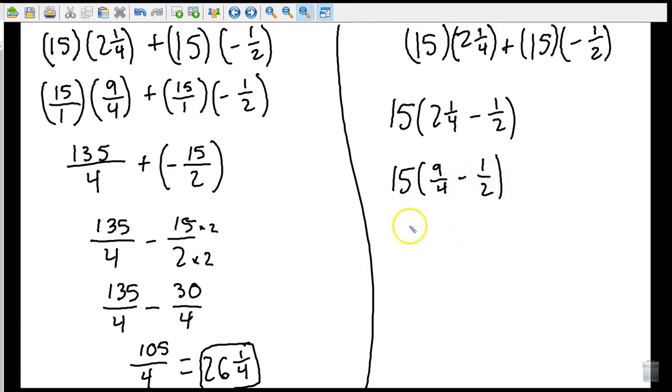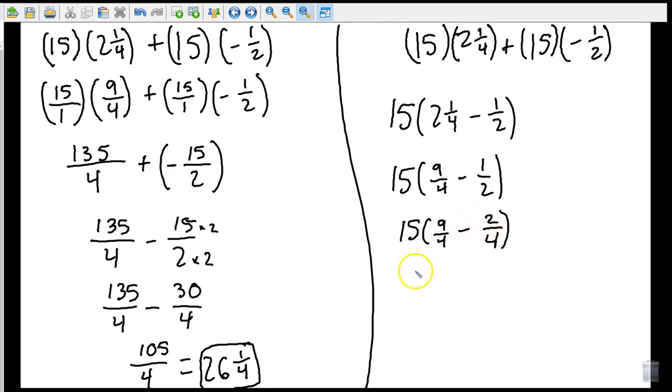So we must get a common denominator. So we have to change this to, you guessed it, 2/4. Okay? Because 4 is the least common denominator.